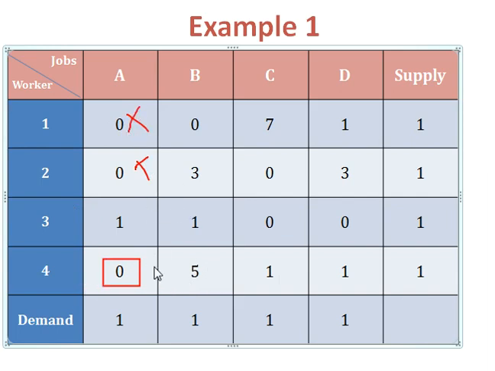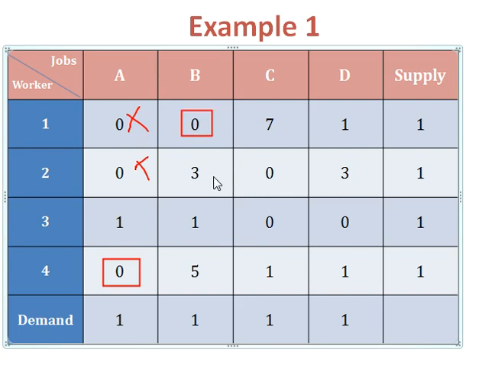Clear? Because we have made an allocation over here, we cannot make further allocation in this column or in this row. The next row with the minimum number of zeros available is this row. As you can see, only a single zero is available, so we can allocate over here.